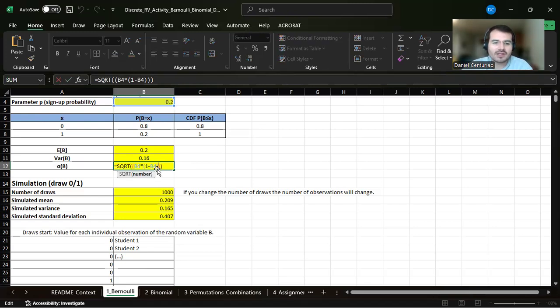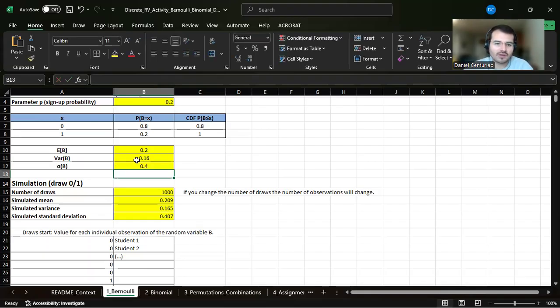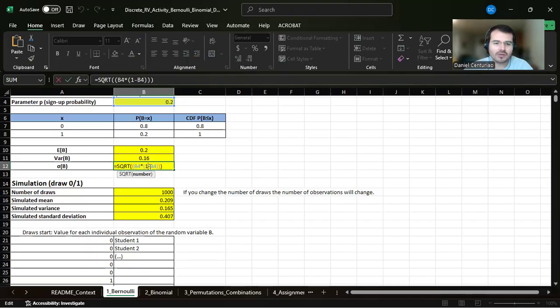Okay. The standard deviation, we know that is the square root of that. So it is basically what I'm doing here, the square root of the previous value, which is the variance.